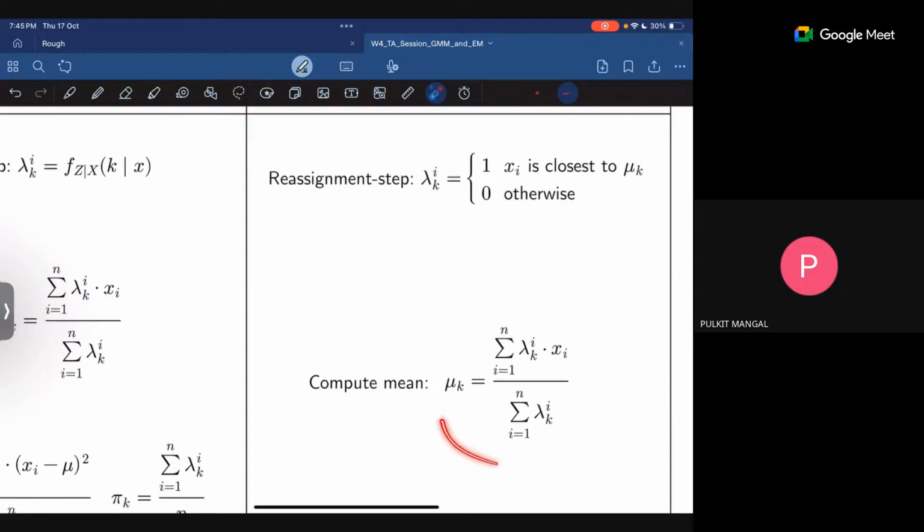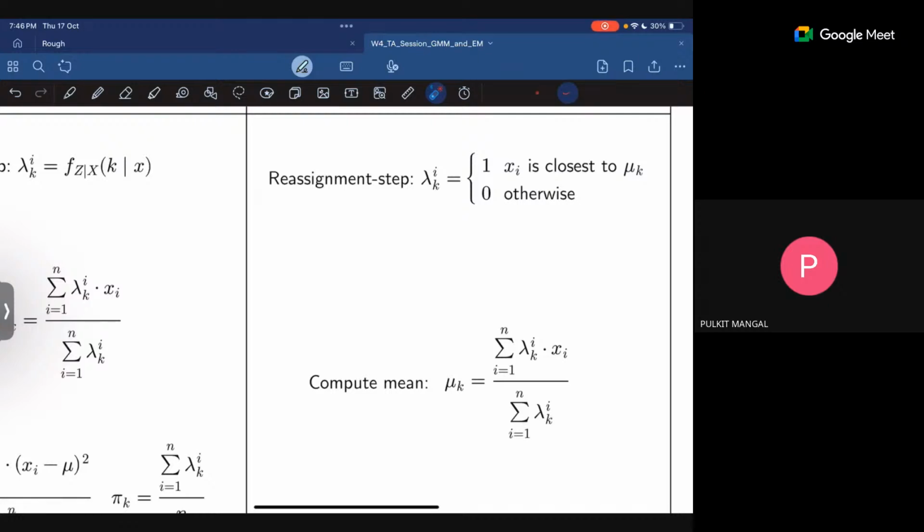Are you all able to understand here? Okay, no. So how will you update the mean in K-means?